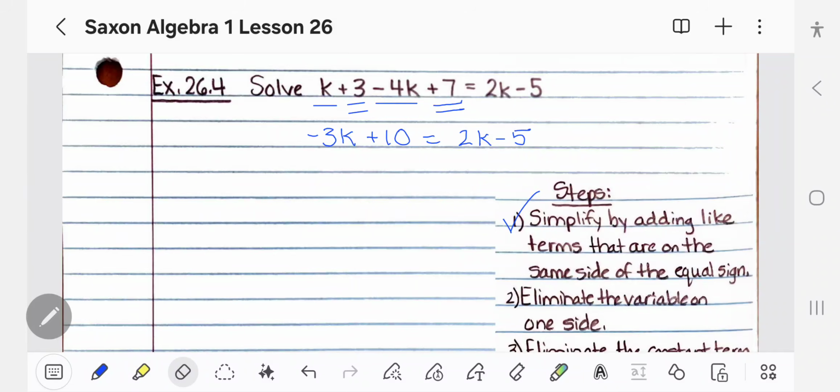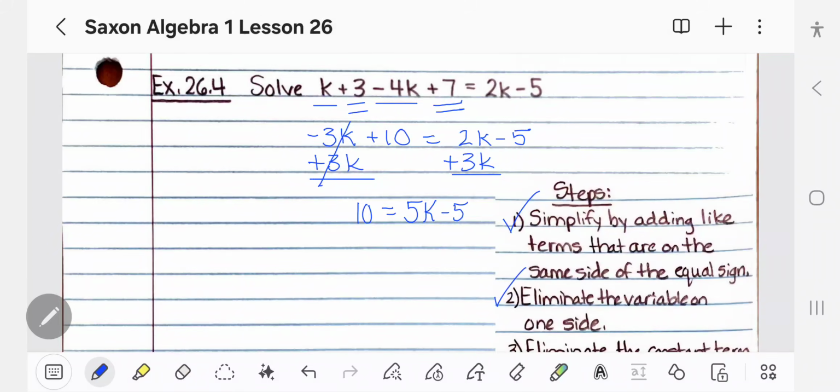Well, it's like the last one. Most of us would make less errors when we're adding, so instead of subtracting 2k from both sides, they chose to add 3k to both sides. Now, you could certainly do it the other way. Then I'm left with 10 is equal to 2k's plus 3k's, which is 5k, minus 5.